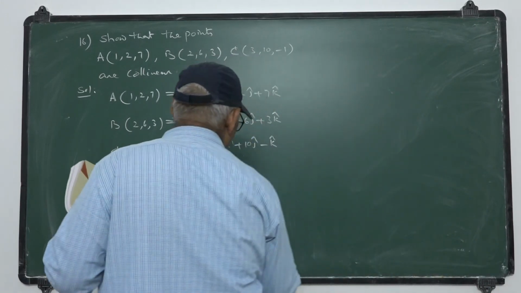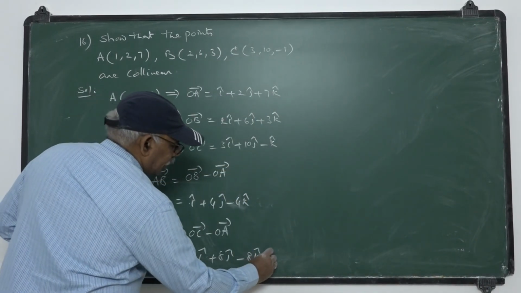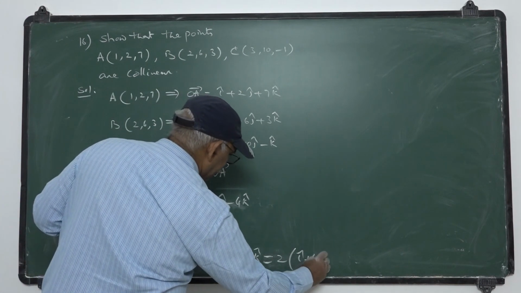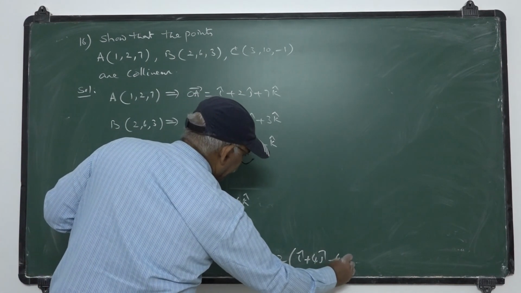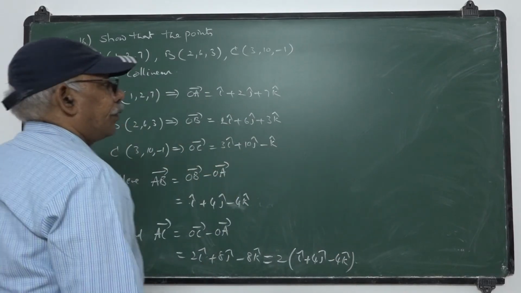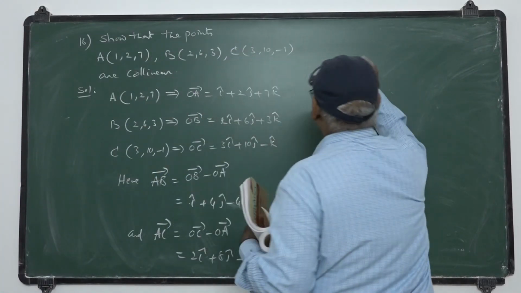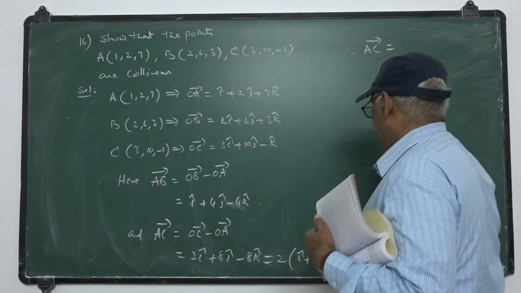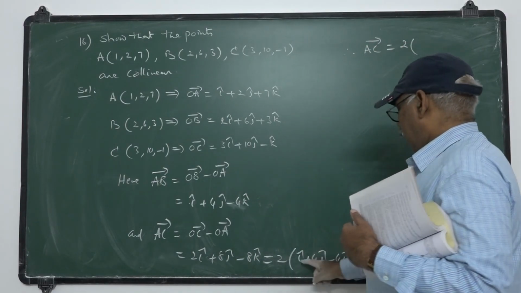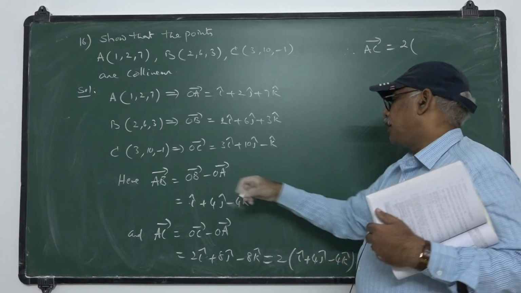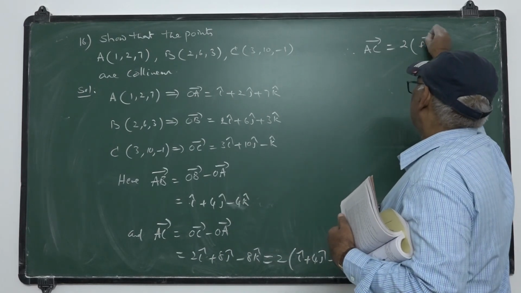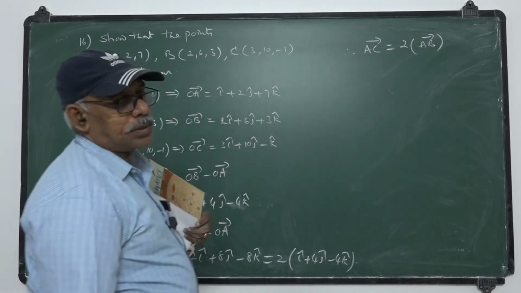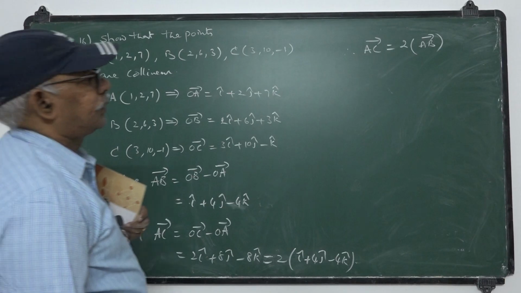This is equal to AC bar equal to, taking 2 common, we get 2 into i plus 4j minus 4k. So therefore AC bar equal to 2 into i plus 4j minus 4k, which is AB bar. AC bar equal to some constant into AB bar.